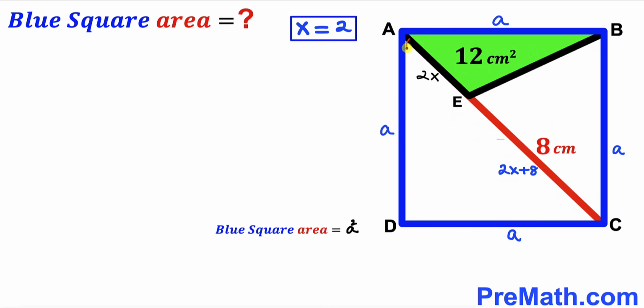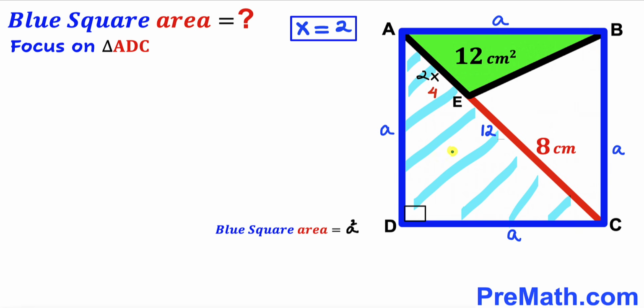So this segment AE length, which is 2 times x, is going to give us 4 centimeter. So this whole diagonal AC length is going to be 8 centimeter plus 4, that is going to give us 12 centimeter.